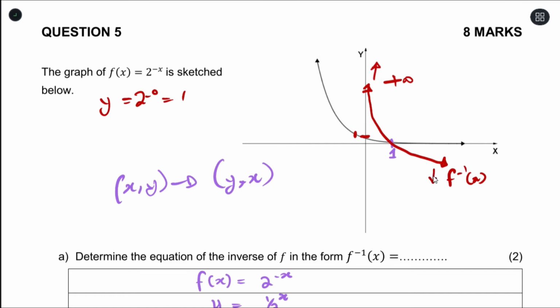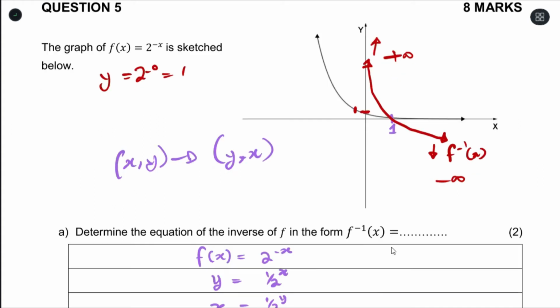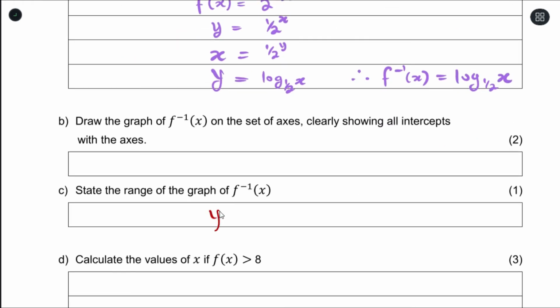And from this arrow here, we see that it's also going to go down to negative infinity. That would be the range of this graph. So writing that down, y is an element of negative infinity to infinity, or you could also say y is an element of real numbers. Any of those are absolutely right.